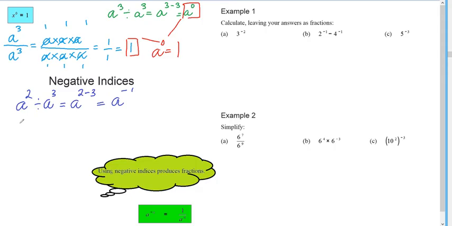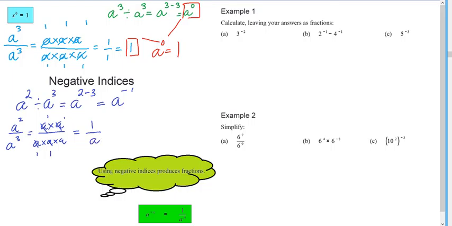Okay, so if I have a squared divided by a to the third power, that is really a times a divided by a times a times a, which if I do a bit of canceling and reducing, that a can cancel with that a, and that a can reduce with that one, which gives me 1 times 1 is 1 over 1 times 1 times a happens to be a.